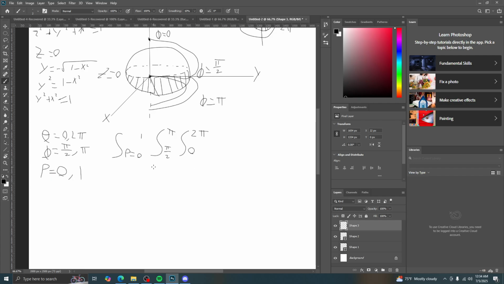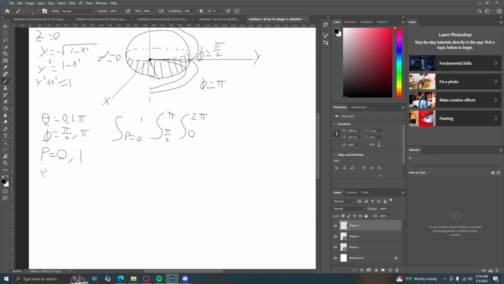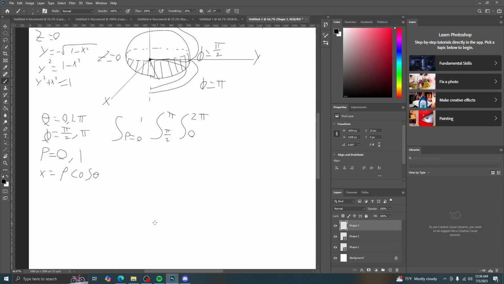For spherical, we have different formulas. Let me get the formulas out just in case I miss them, because I don't want to screw this up. My notes actually had them wrong, so I panicked for a second. Okay, so x is rho cosine theta times sine phi.